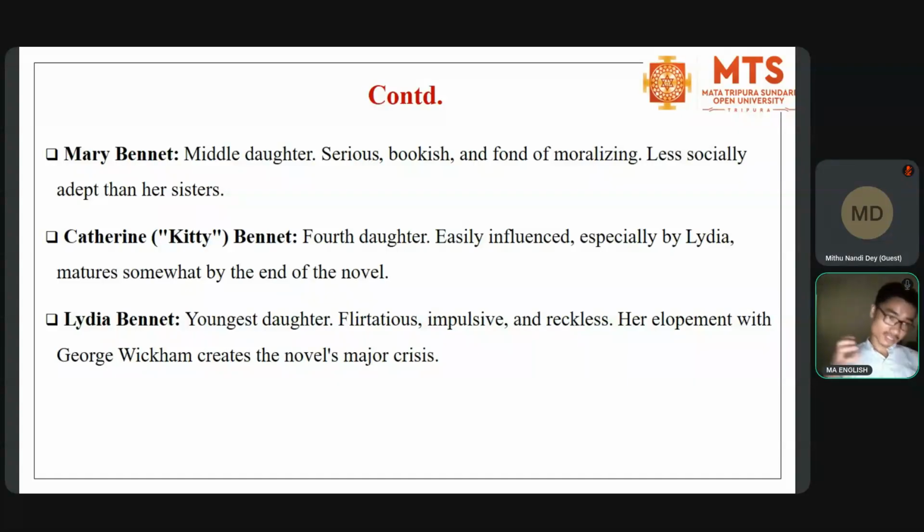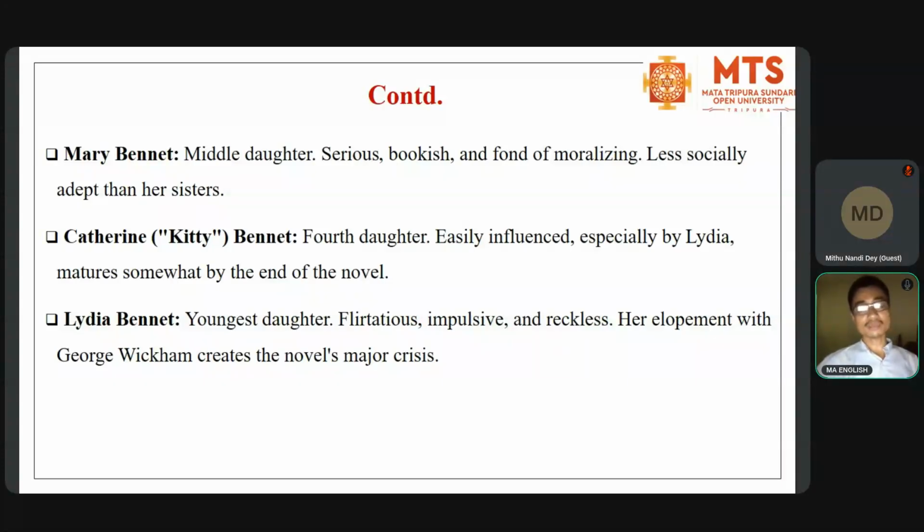But we see she keeps developing and maturing as a character till the end of the novel. And the youngest daughter is Lydia Bennett, who is different from all the others. She is very flirtatious and wants to do whatever she wishes. It's relatable, like how the youngest siblings in our families behave.